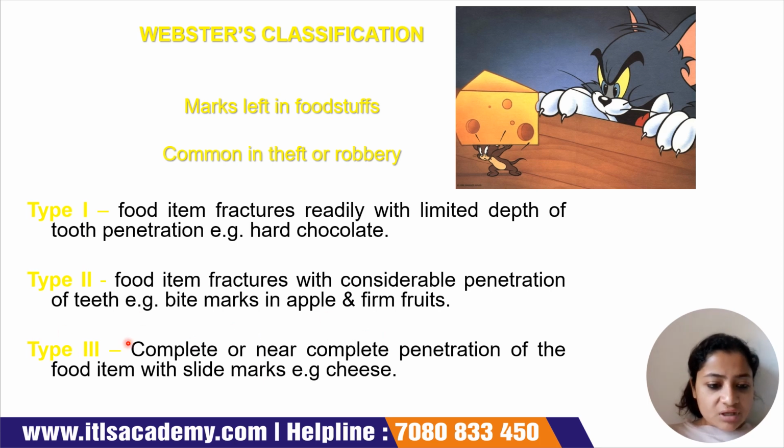And then type 3 is complete or near complete penetration of the food item with slide marks. Example, cheese. So type 1 will be limited depth penetration, like hard chocolate. Type 2 will be moderate or considerable penetration, which will include hard and firm fruits like apple, pear, etc. And type 3 will be complete penetration, which will include foods like the cheese slice, which I showed in the picture.